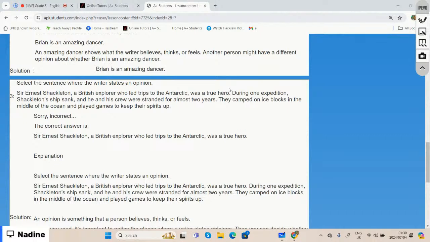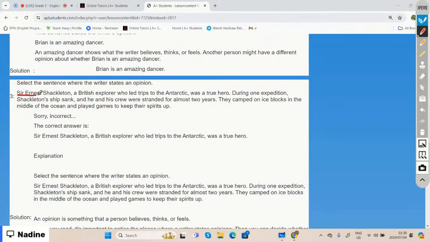So we need to select the opinion that the writer makes. So we're going to underline the opinion. And the opinion within that text is that Sir Ernest Shackleton, that's a British explorer, who led trips to Antarctica, was a true hero. That is the opinion of the writer, that he was a true hero.